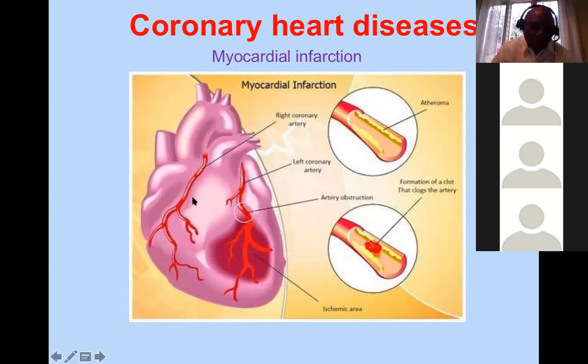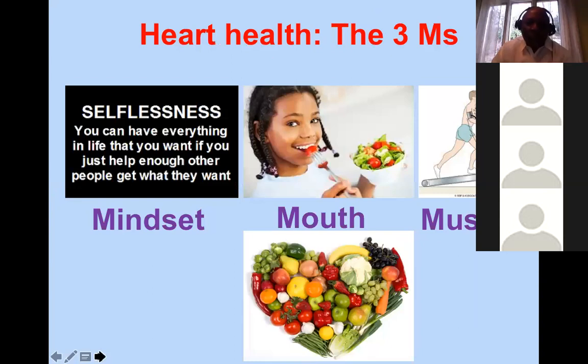All right, let's go to the natural remedies. The 3 M's, we call it the 3 M's. And this has been done at the Cleveland Clinic. There's a cardiologist at the Cleveland Clinic who doesn't do stents anymore.